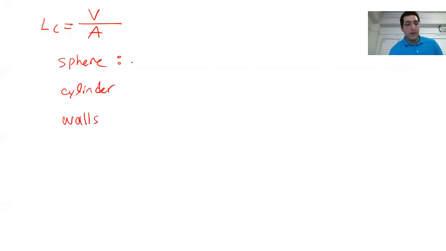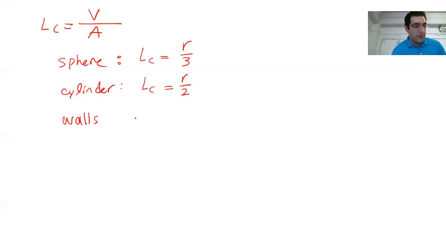You can simply say Lc for a sphere is equal to, let me make sure, is equal to radius divided by 3. For a long cylinder, as it says in the textbook, Lc is equal to radius over 2.